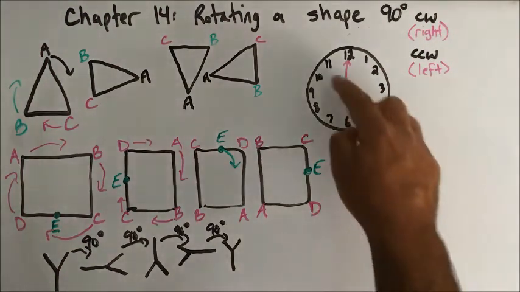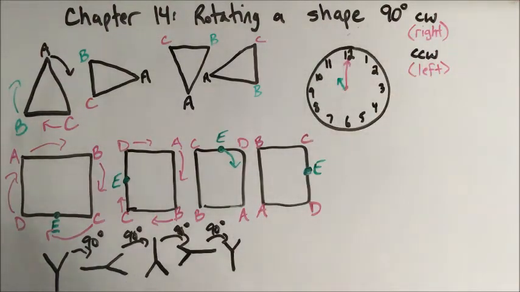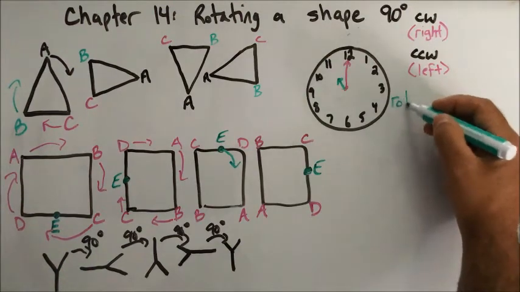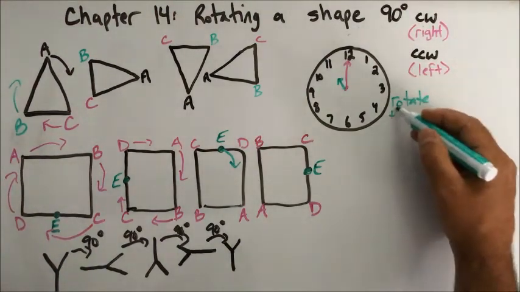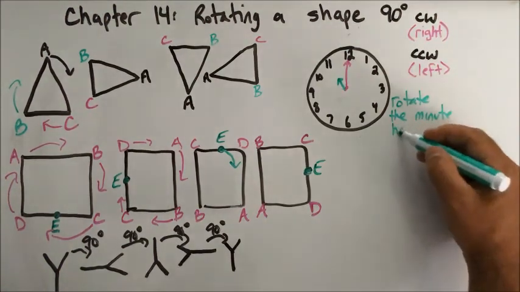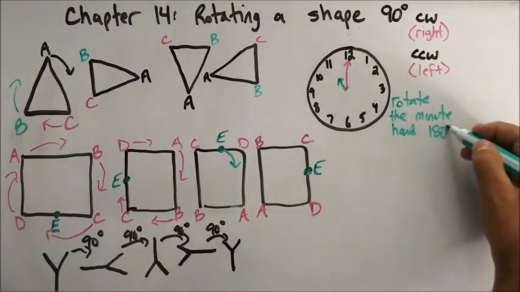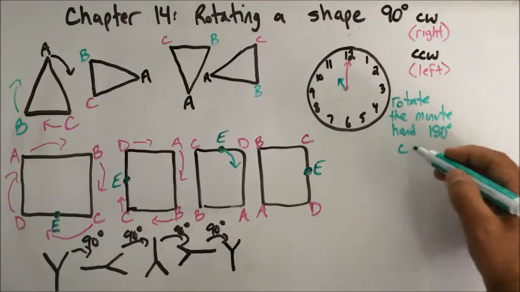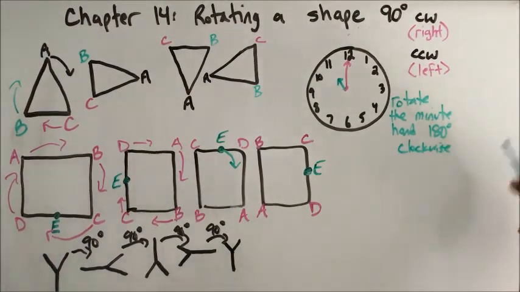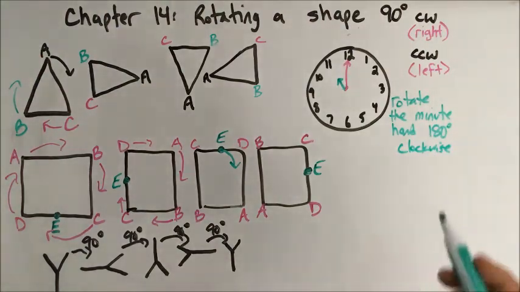If, let's say, I have a clock and I say right now it's 11 o'clock. If the minute hand rotated 180 degrees clockwise, what time would it be?